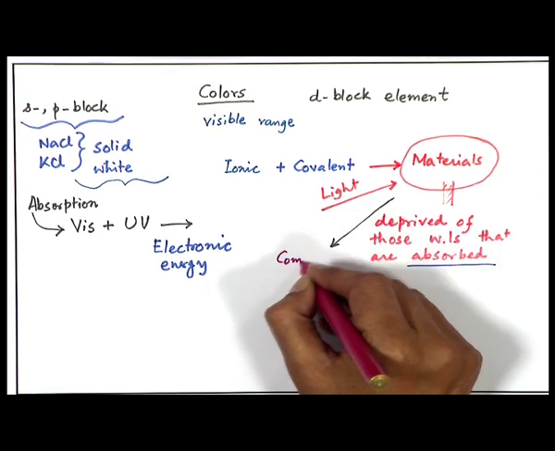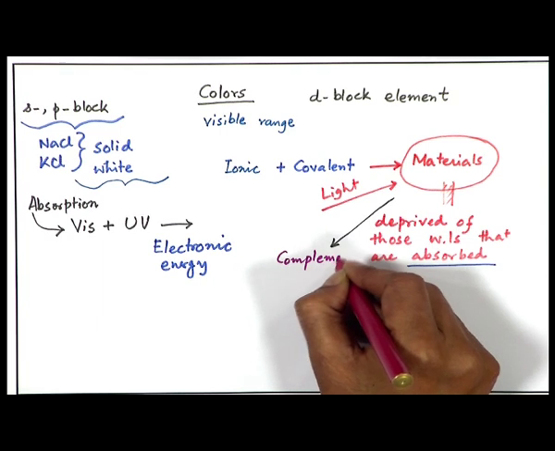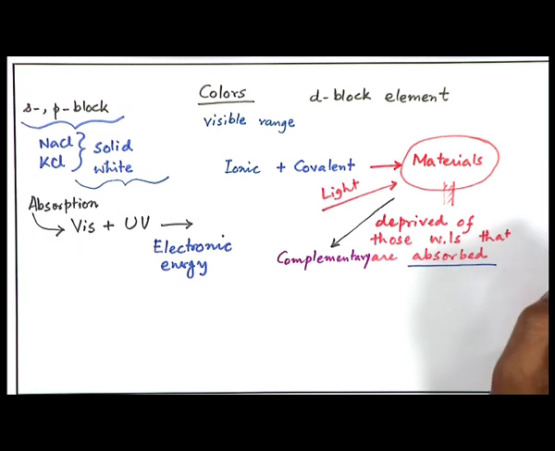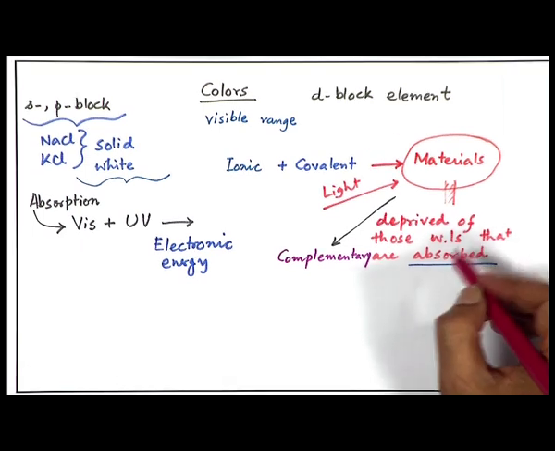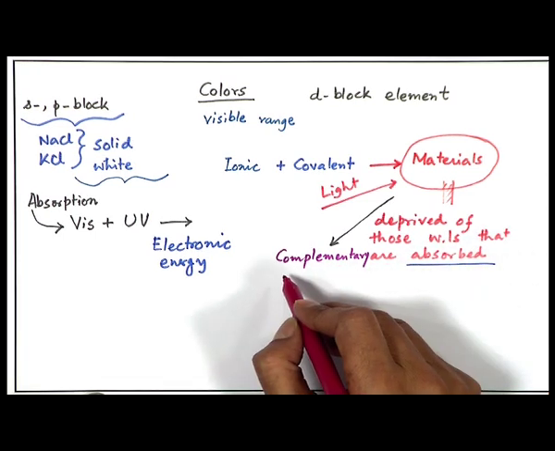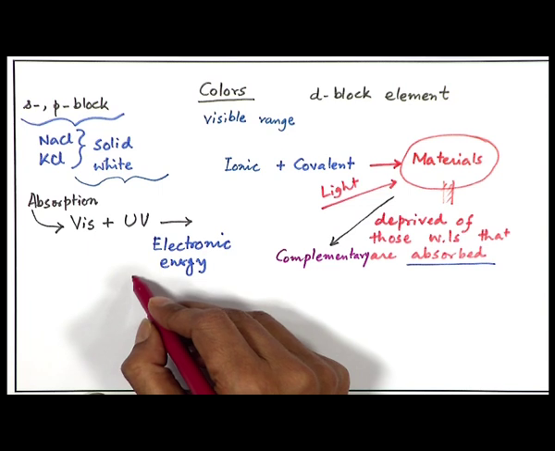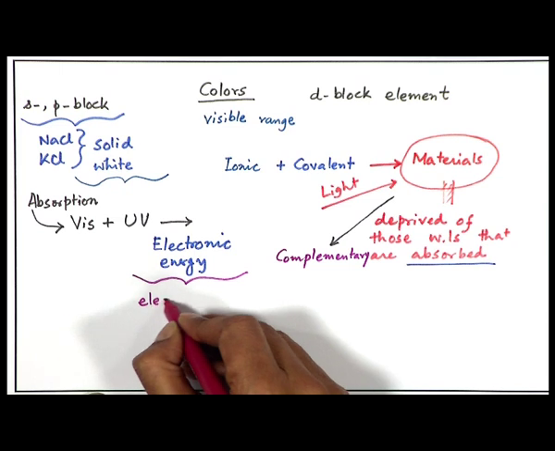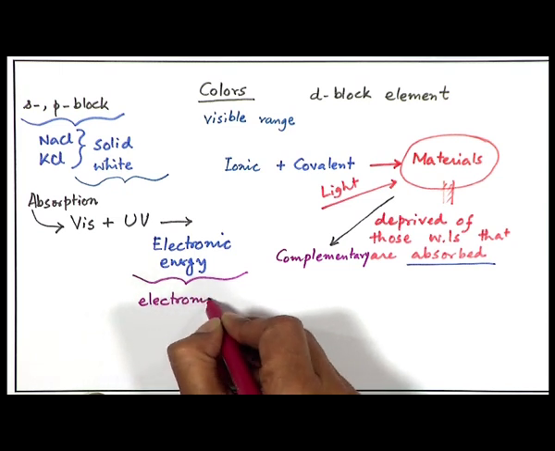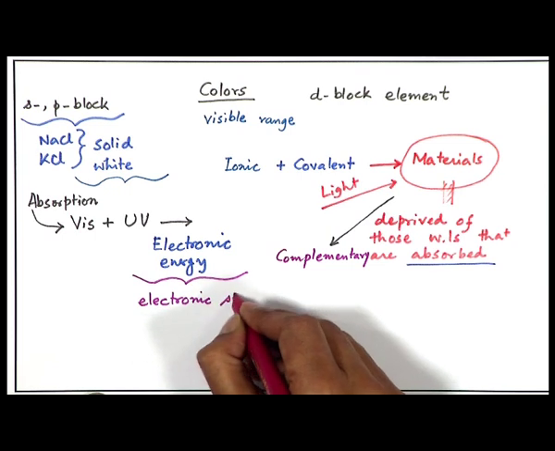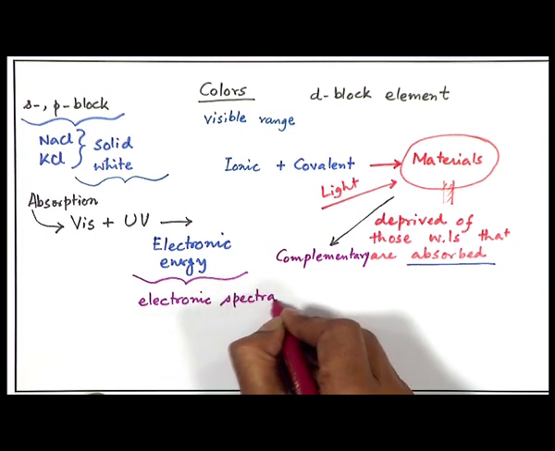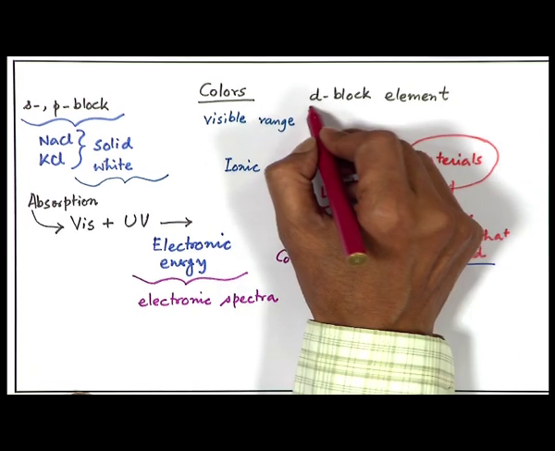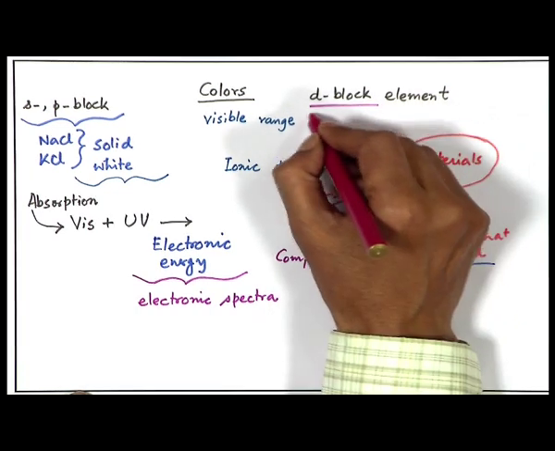So we should know what particular wavelength is getting absorbed and what the corresponding complementary color should be when there is a change in the electronic energy. We call them electronic spectra.